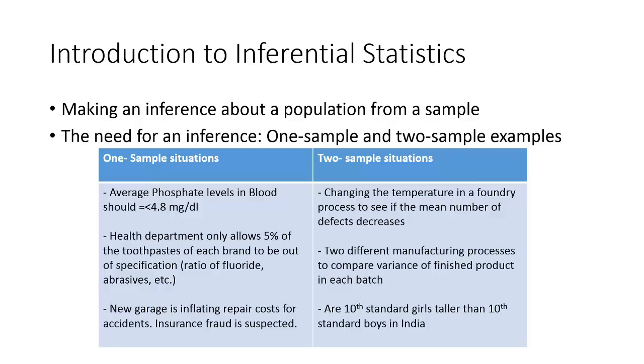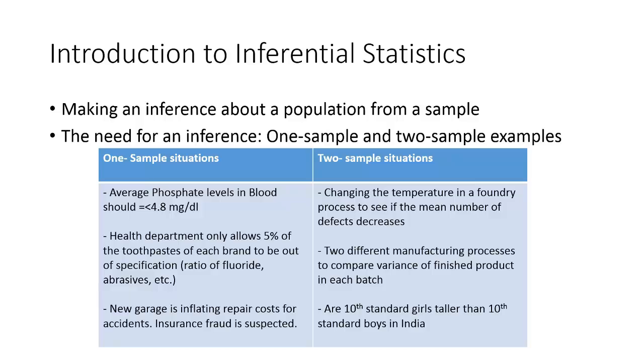And it could very well be that truly this toothpaste brand is involved in a chemical process or a manufacturing process that creates on average only 4% of the toothpaste that this company makes out of specification.